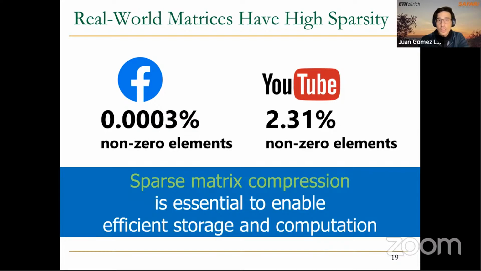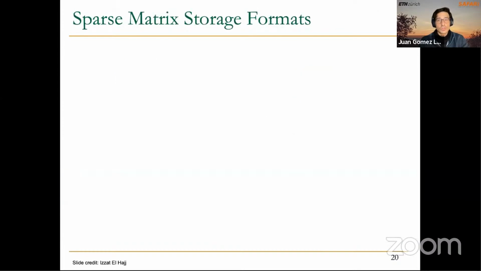So it's very important to compress the matrices in an efficient way, because this is going to save storage and also may save computation and facilitate computation as well. That's why we are going to talk today about several sparse matrix compression formats that are important, and all of them have their own pros and cons, as you will see.